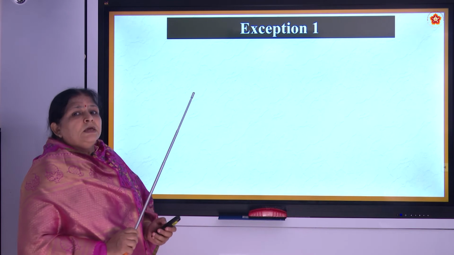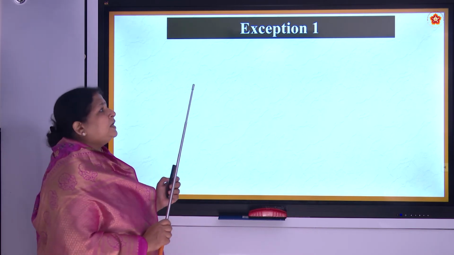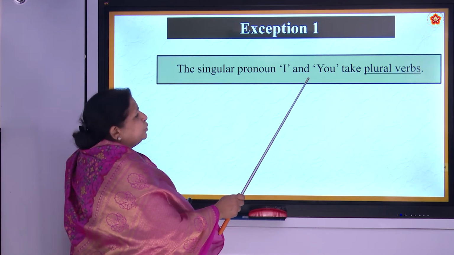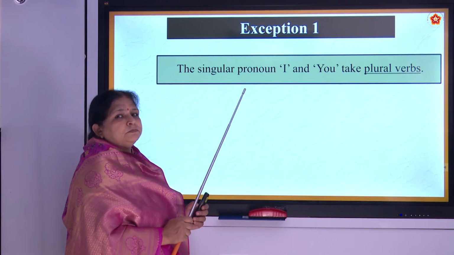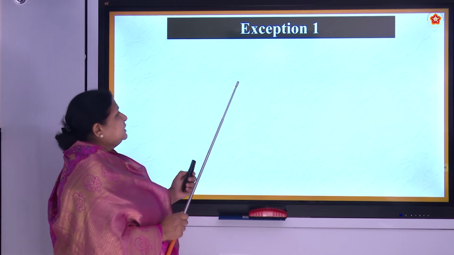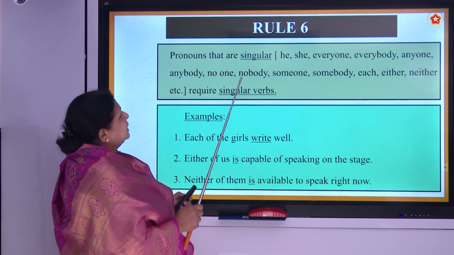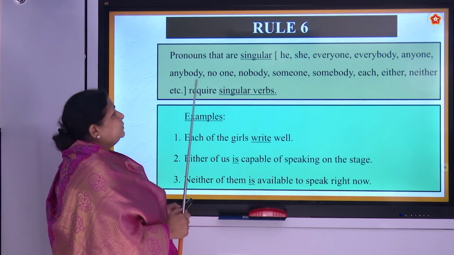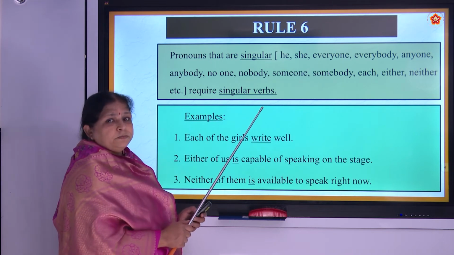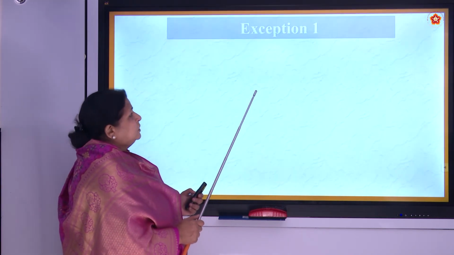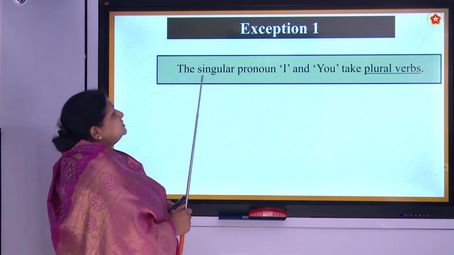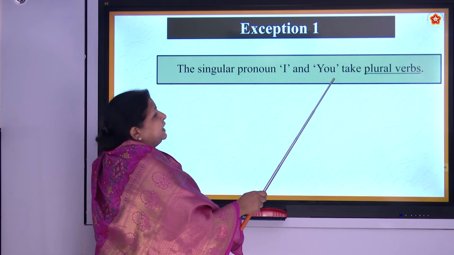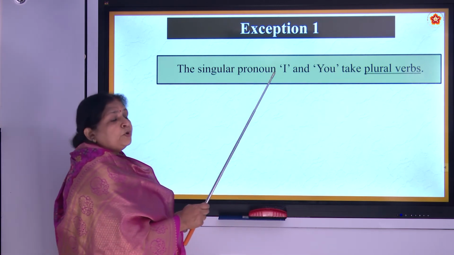Now we will see the exception to the rule. The singular pronouns I and you take plural verbs. We have seen in the previous one that he, she, everyone, everybody, which are singular pronouns, take singular verbs. Now here we are seeing that the singular pronouns I and you take plural verbs.